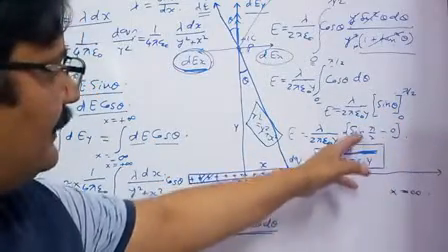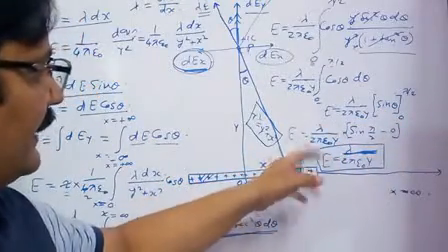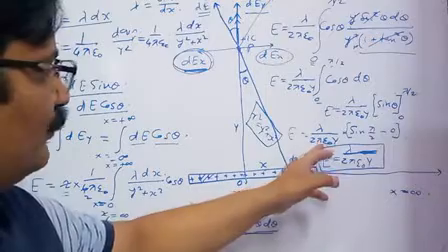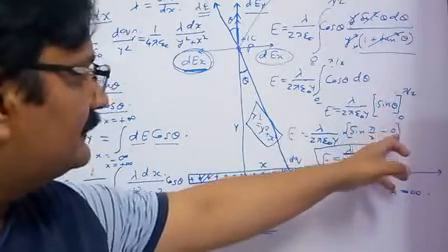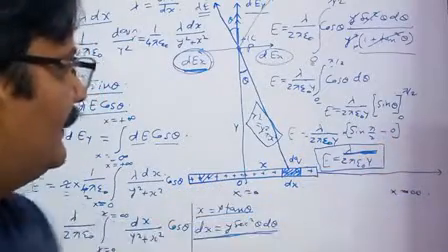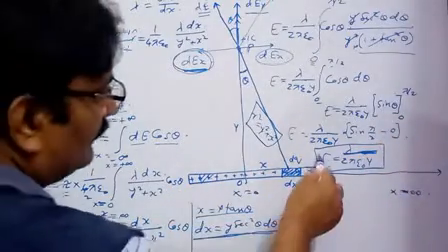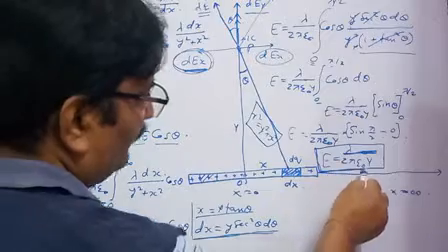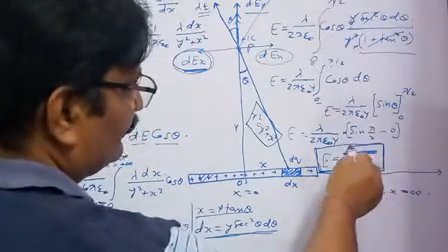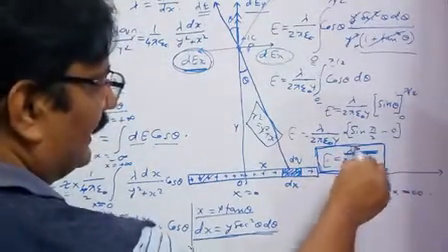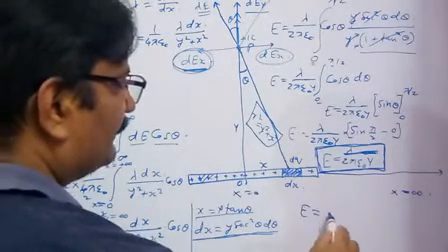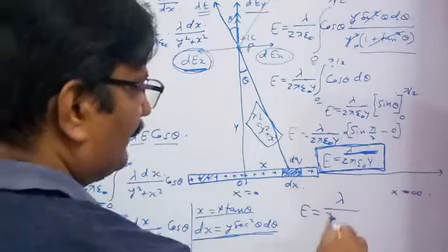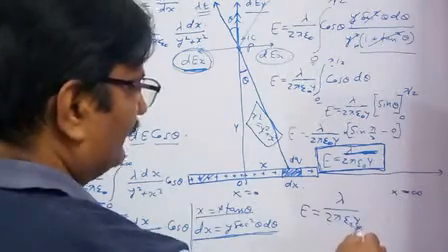After putting in the limits, the electric field at point P is lambda divided by 2 pi epsilon naught y, times sin pi by 2 at the upper limit minus sin 0, that is 0, at the lower limit. So the expression for the electric field at point P due to this continuous distribution of charge is lambda divided by 2 pi epsilon naught y.